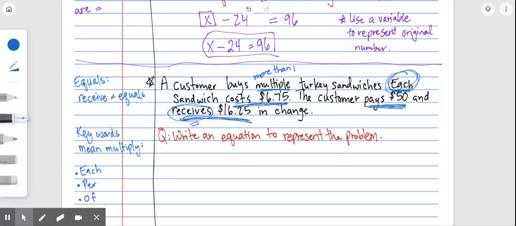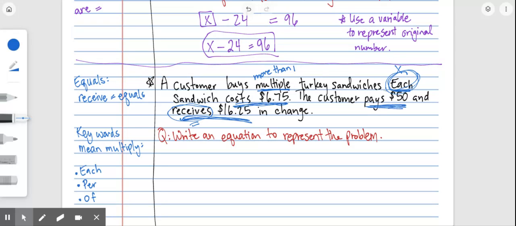So if I told you each sandwich costs $6.75, that means I'm multiplying the number of sandwiches by $6.75. Or if I told you that it was $6.75 per sandwich, then that would mean I would be multiplying the number of sandwiches by $6.75. All right, so I know that I'm going to use multiplication here.